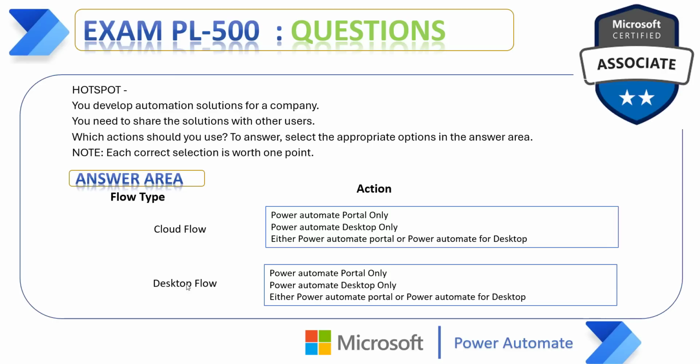There is no option to share the desktop flows by using Power Automate for desktop. All right. Let me reveal the answer. There you can see, to share my cloud flows or the desktop flows, we can share through the Power Automate portal only. All right. I hope you understand how to share the cloud flows and the desktop flows by using the Power Automate portal as part of this tutorial.